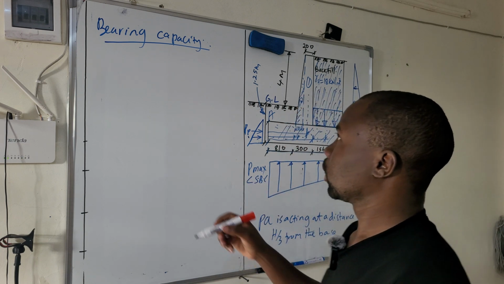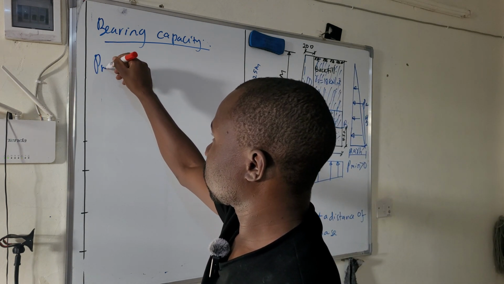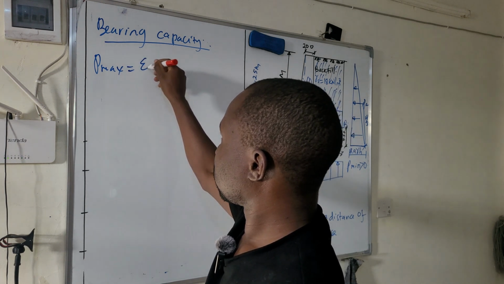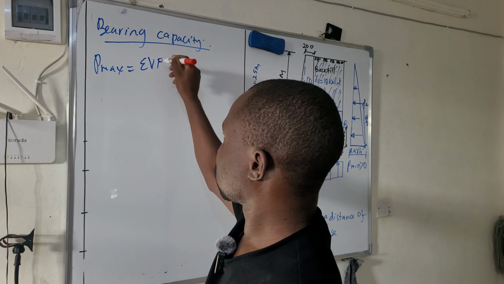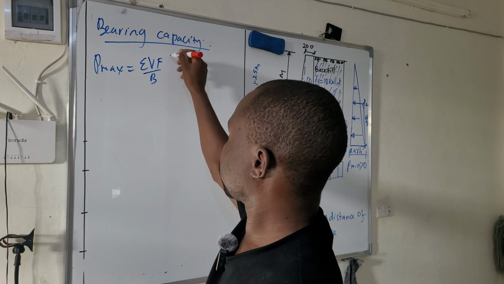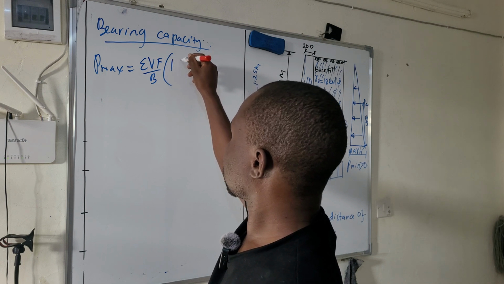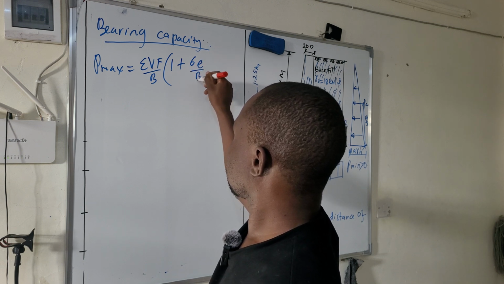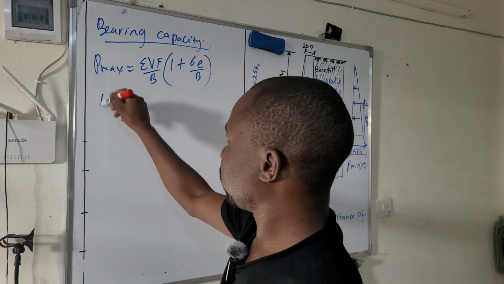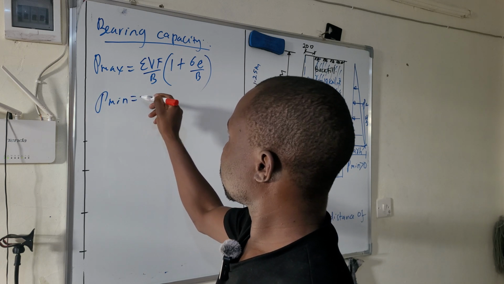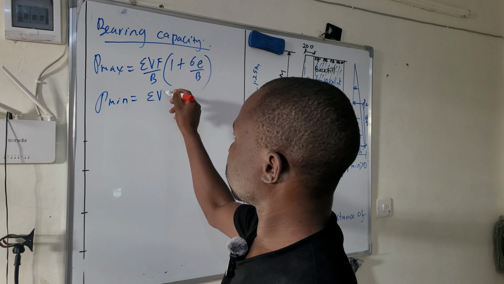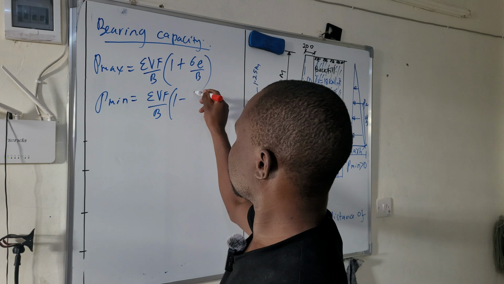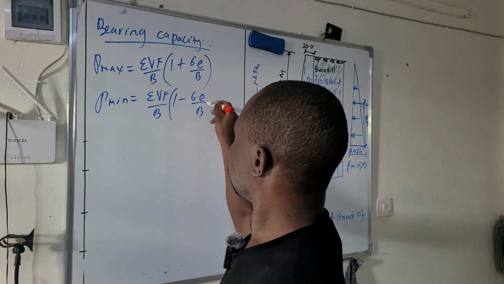So we know that the maximum pressure is given by summation of vertical forces over B, 1 plus 6E over B, and the P minimum is given by summation of vertical forces over B, 1 minus 6E over B.